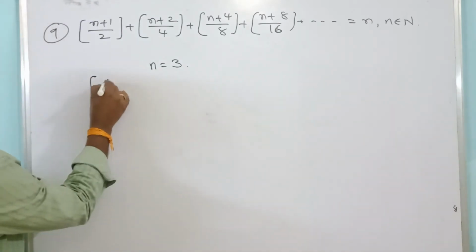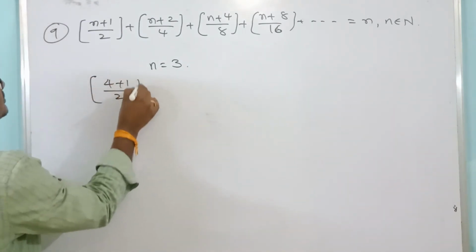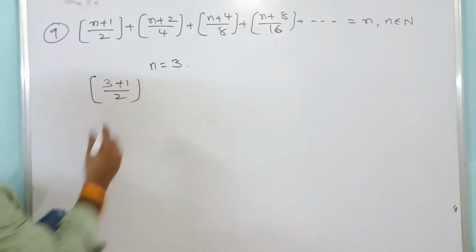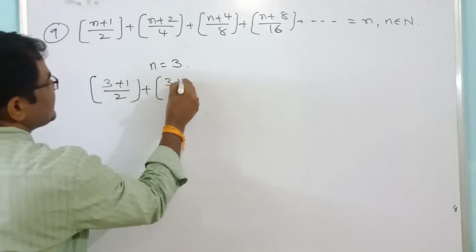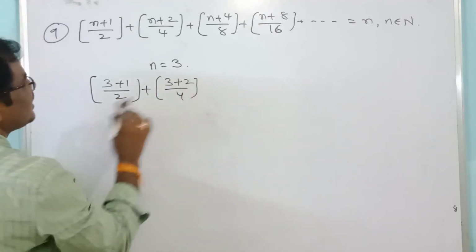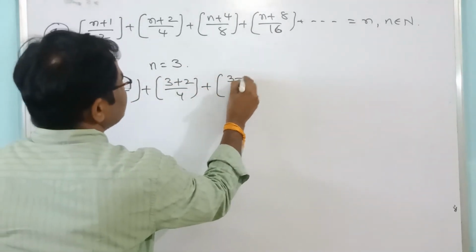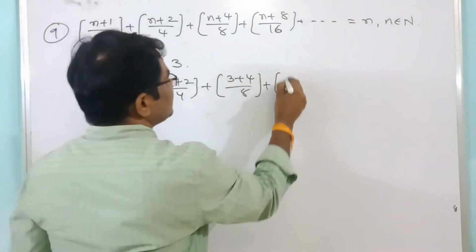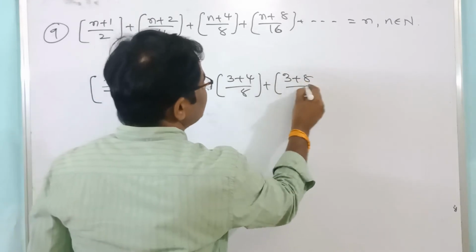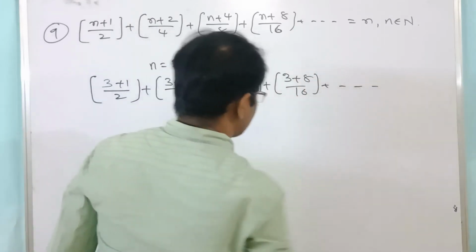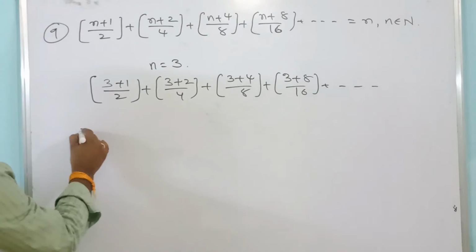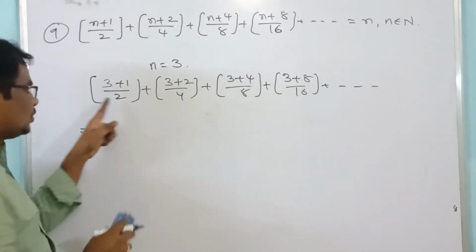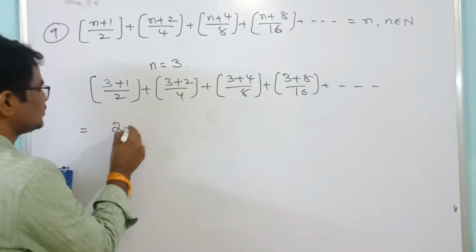With n equal to 3: floor of 3 plus 1 by 2, plus floor of 3 plus 2 by 4, plus floor of 3 plus 4 by 8, plus floor of 3 plus 8 by 16, plus etc. That is equal to floor of 2, which is 2 only, right?